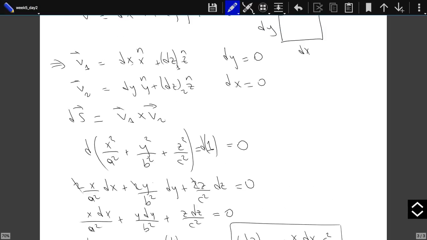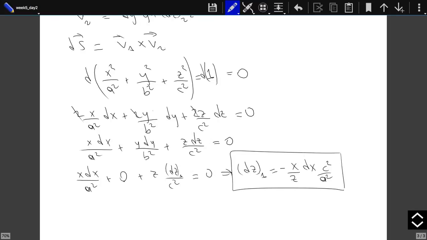Well, I can do the same thing for V2. Again, remember what V2 is: just the vector connecting two nearby points, and those two nearby points had the same x coordinate. The change in the x coordinate between these two points was 0. So y dy over b squared plus z dz2 over c squared is equal to 0.